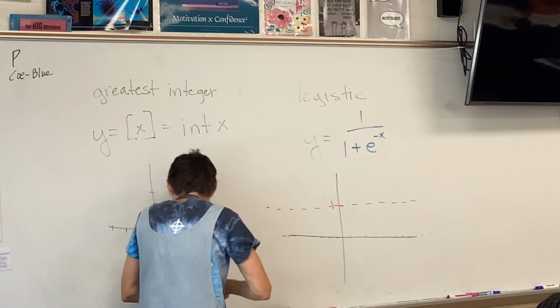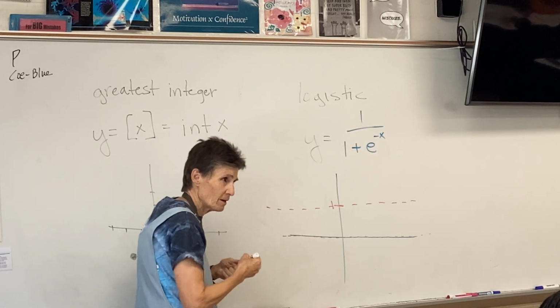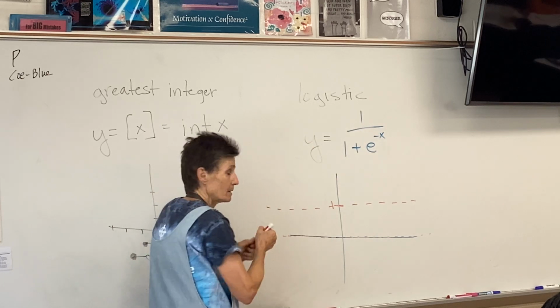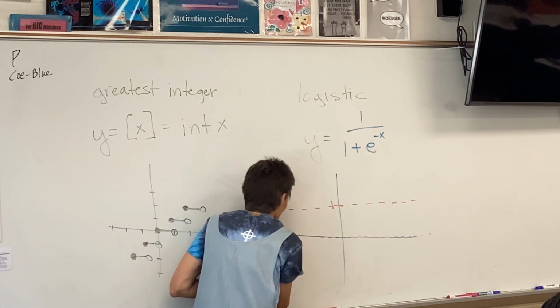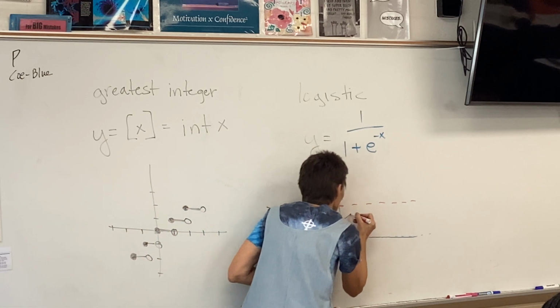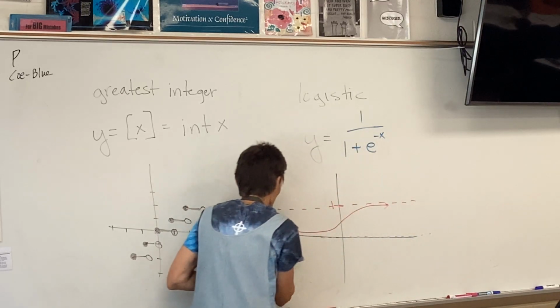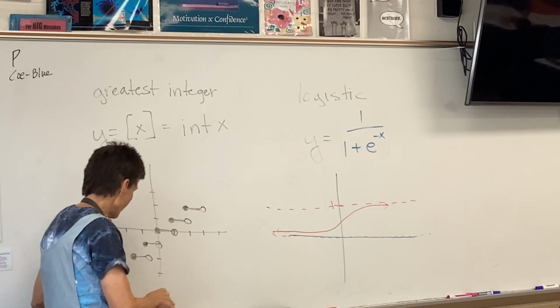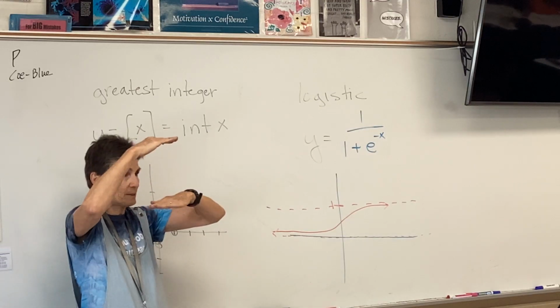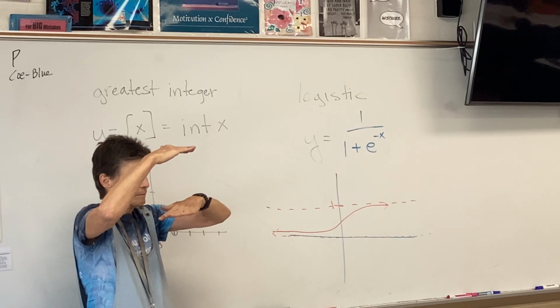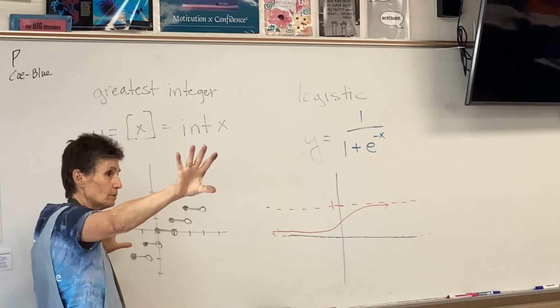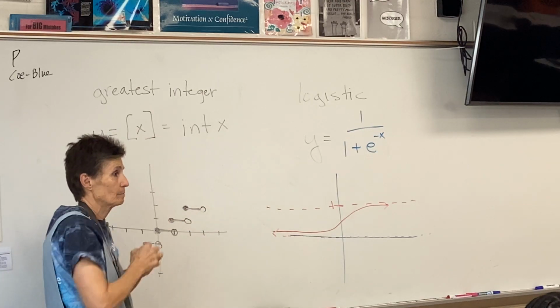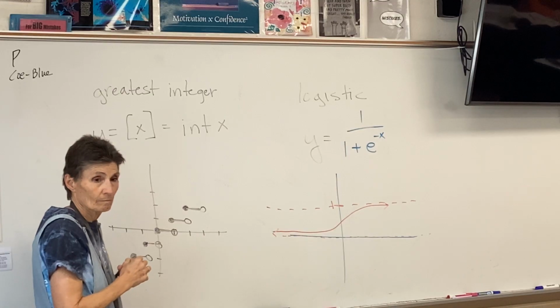And then, remember your cubing function, that squiggly line? You got one in here, but it's a sideways squiggle. So it looks like that. So the logistic function is capped. It goes forever, but it's capped. Okay?